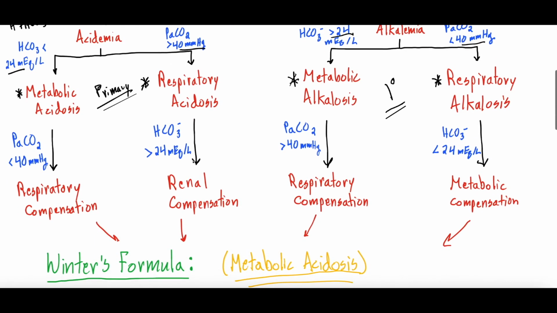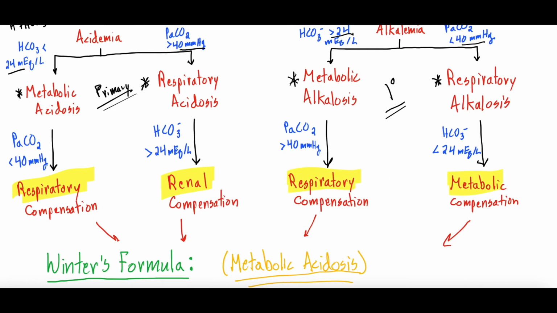So there's two things that can compensate for an acidemia or alkalemia, and that is either respiratory or renal. Renal is metabolic, all right? And we cover this in the other videos why that is.